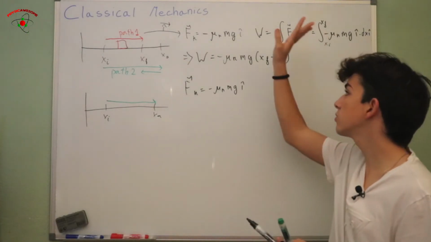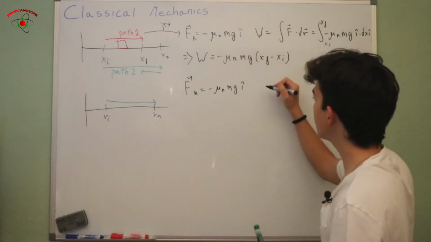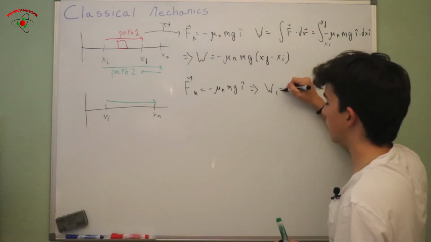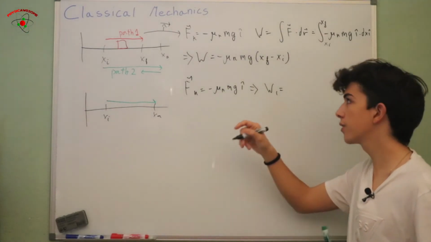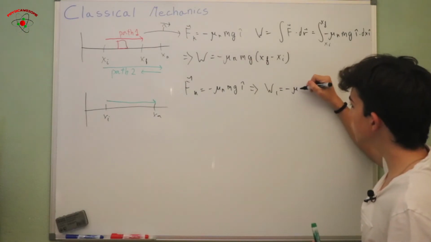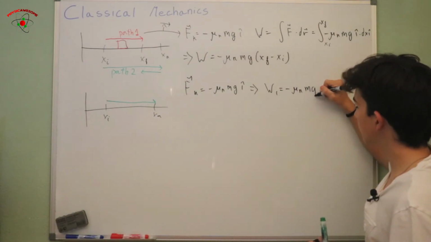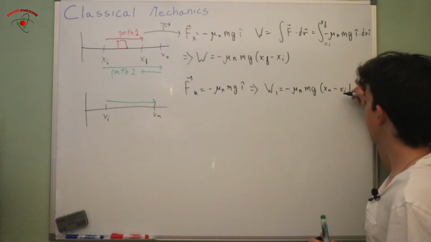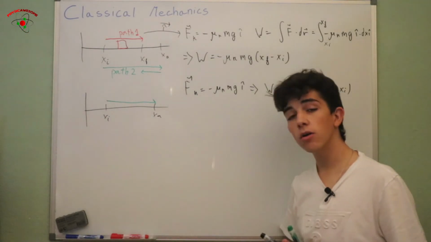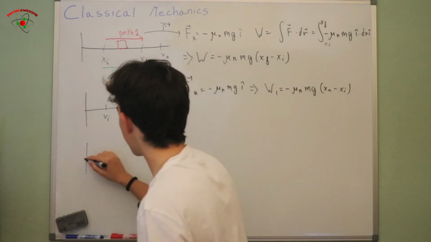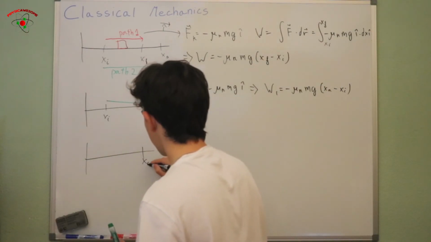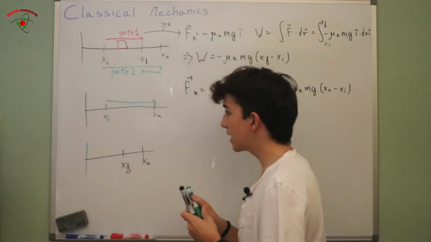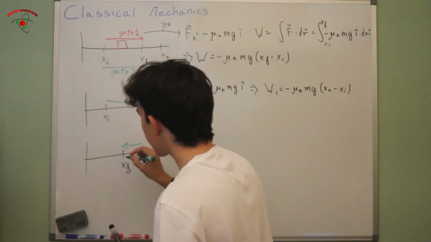We carry out the exact same analysis that we did before, and we find that work 1 for the first part of the path is going to be equal to minus mu k mg times xa minus xi.